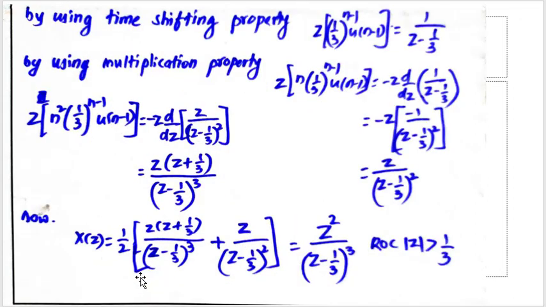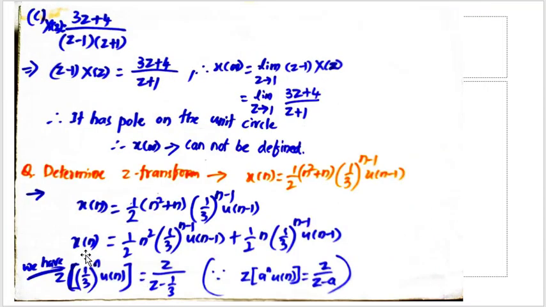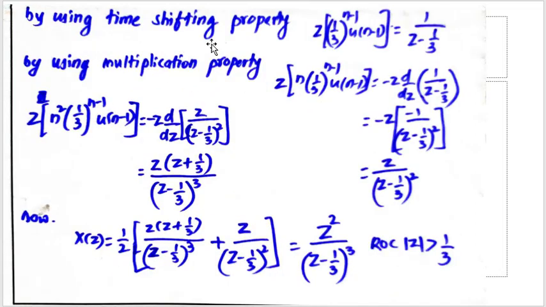Now we can apply the time shifting property. This is for the generalized case. The sequence has been shifted right by 1 unit, n naught is 1, so the z transform of 1 by 3 power n minus 1 u of n minus 1 would be 1 upon z minus 1 by 3.